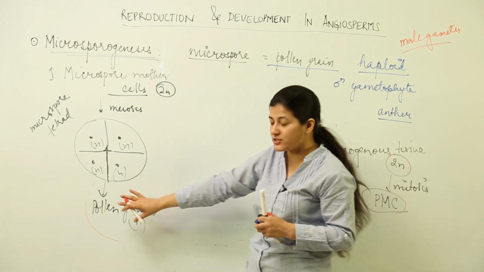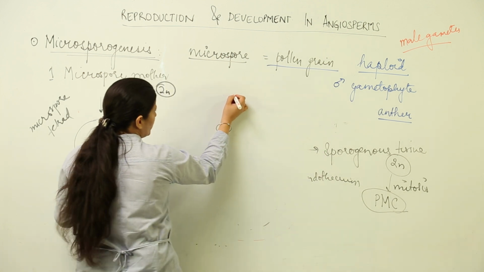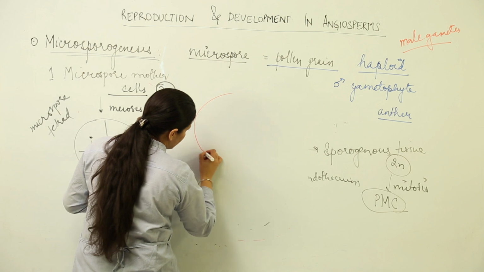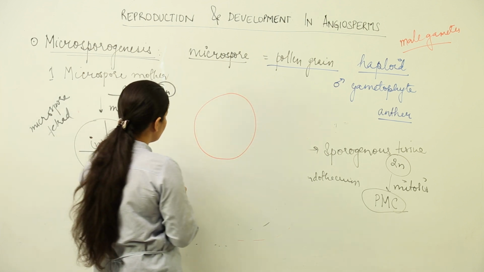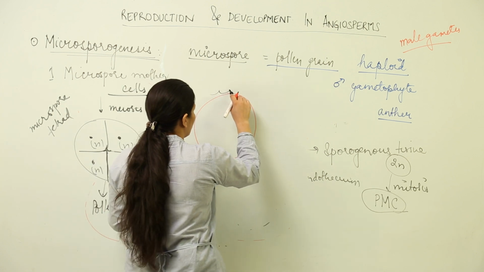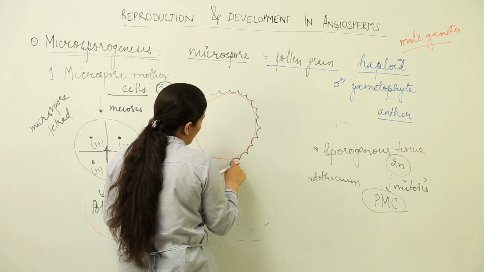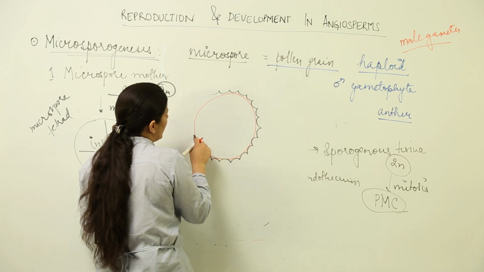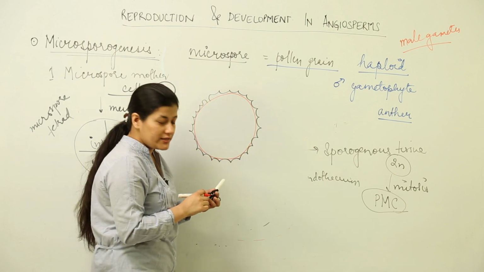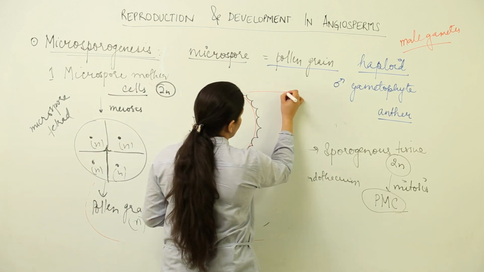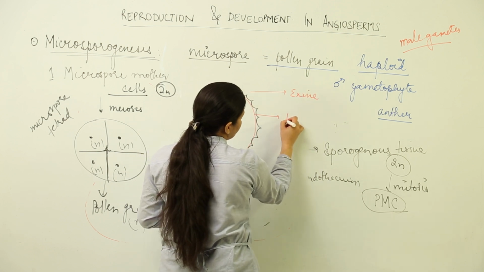Where are those male gametes formed? They are going to be formed in pollen grain. Let's talk about the structure of pollen grain first. This is the inner layer known as intine. It is surrounded by another layer rich in a compound known as sporopollenin. Okay, this layer is called exine, the outer one. The inner one is called intine.